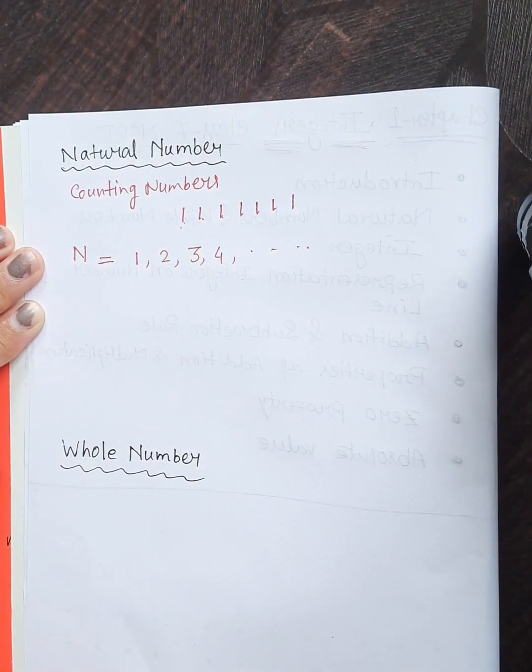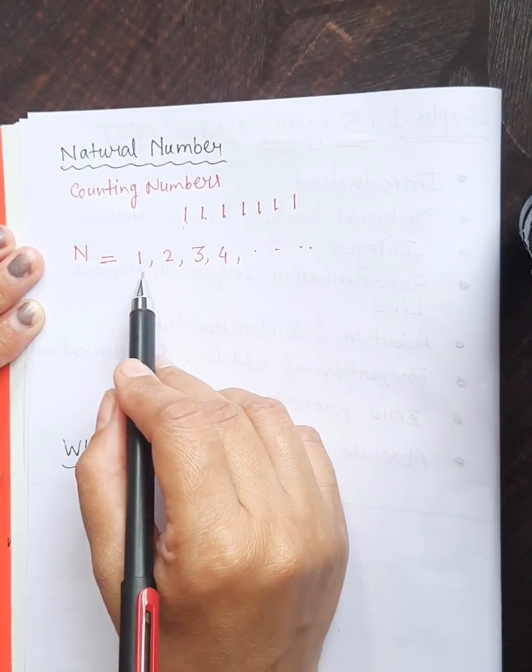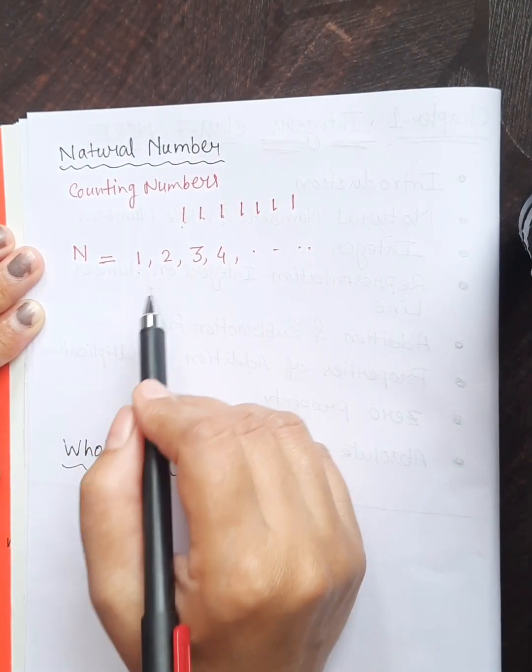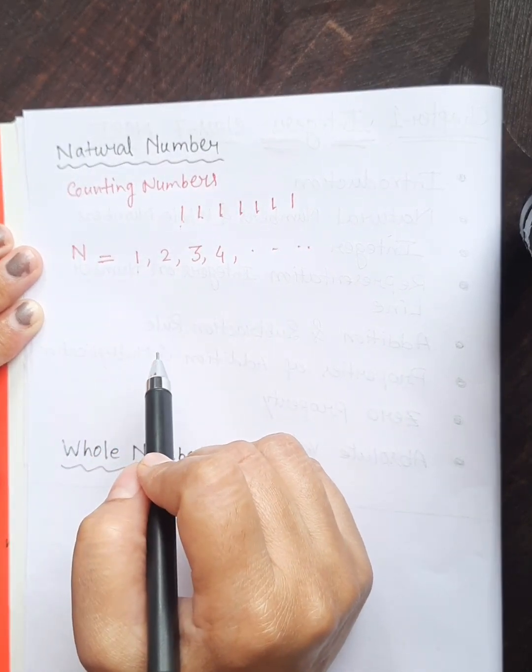In the universe, there is no largest natural number. But if the question is the smallest natural number, yes, 1 is the smallest natural number.